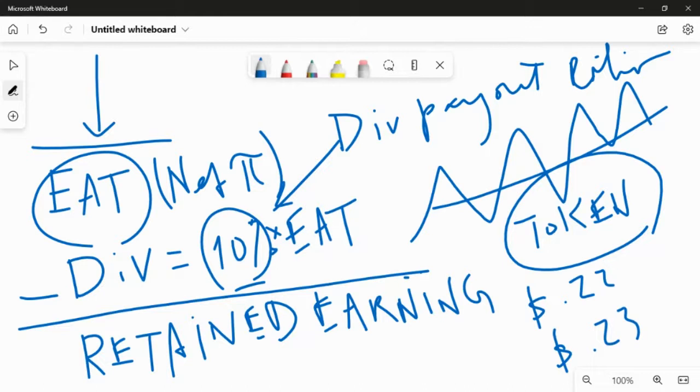What does that mean? Annually, the dividend is just about $1.